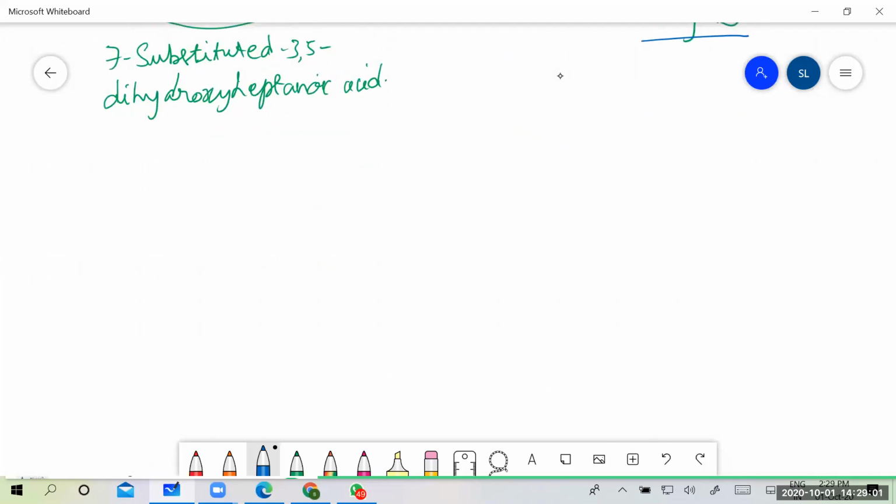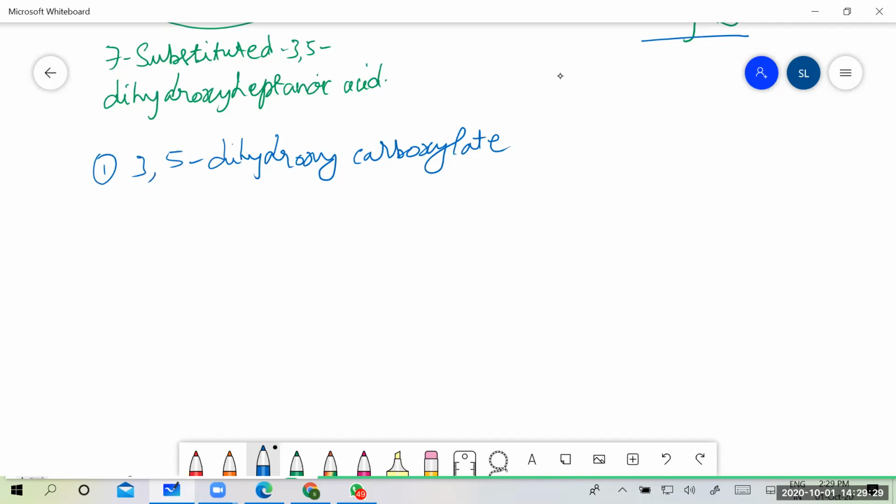Okay. So coming to the first point of the SAR, the 3,5 dihydroxy carboxylate is essential for inhibitory activity. That is, this particular substitution is essential for inhibitory activity.